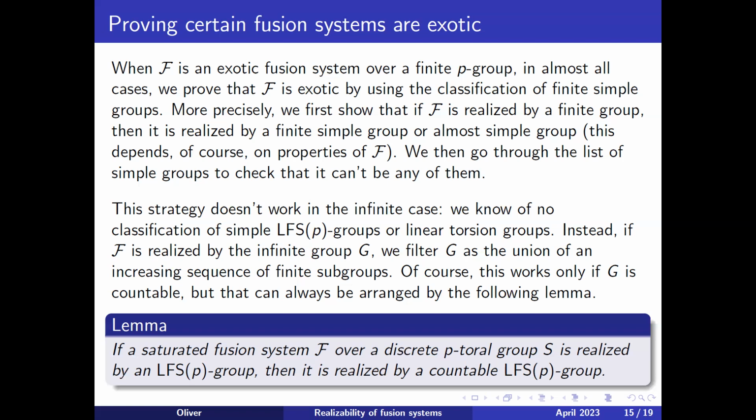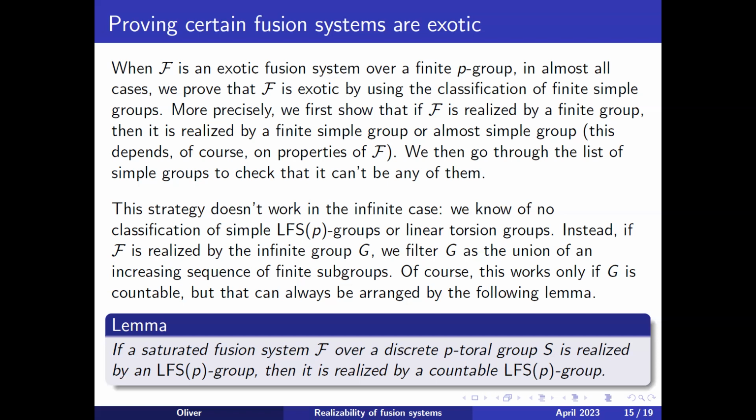That's the new idea that we had this time. This works only if G is countable, but that can always be arranged by using the following lemma. Given a saturated fusion system F over a discrete p-toral group S, if it's realized by a locally finite p-group, then it's realized by a countable locally finite p-group.